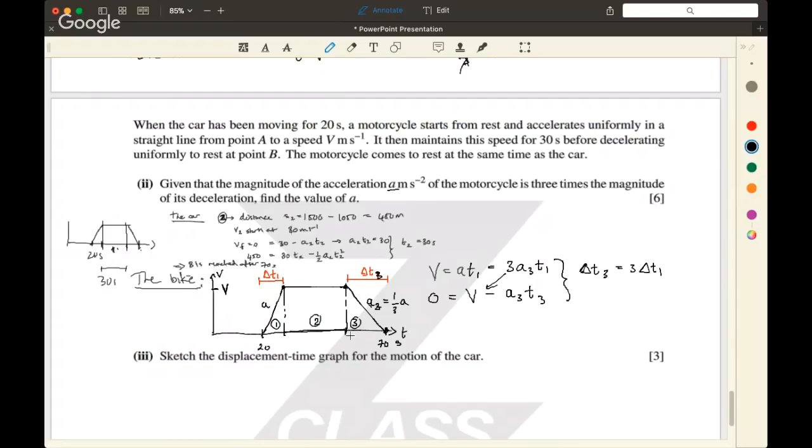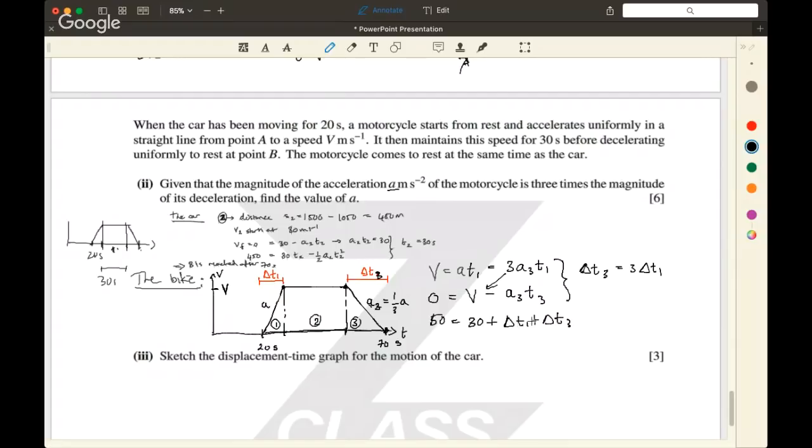So that means that the total amount of time this motorcycle has spent traveling is 50 seconds. It starts at 20 seconds, ends at 70 seconds. So 50 seconds is equal to the 30 seconds it spends in the middle plus delta T1 plus delta T3.